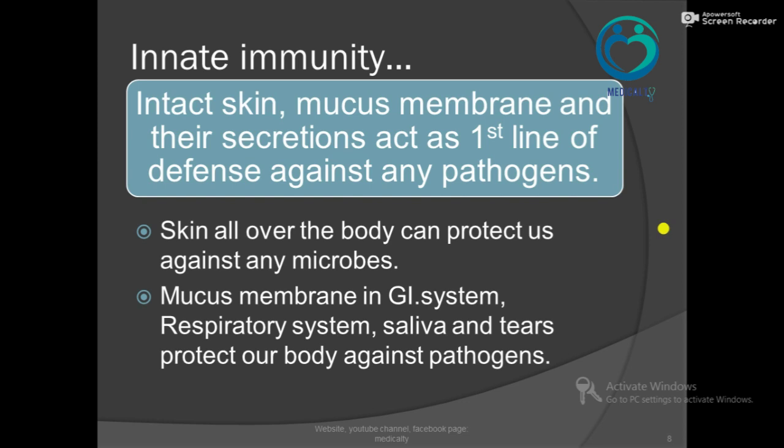Mucous membranes in the GI system and the respiratory system, saliva, and tears protect our body against pathogens. Especially ciliated epithelium and hairs in the nose and respiratory system play an important role in protecting us against microorganisms.